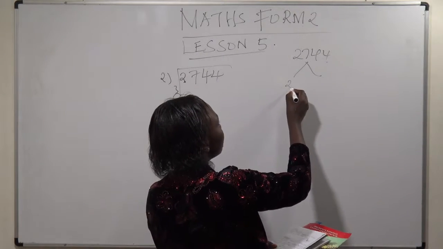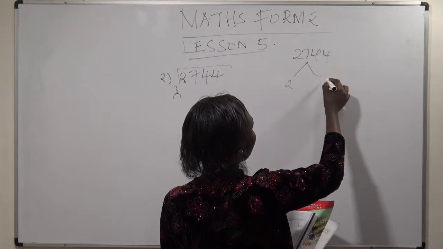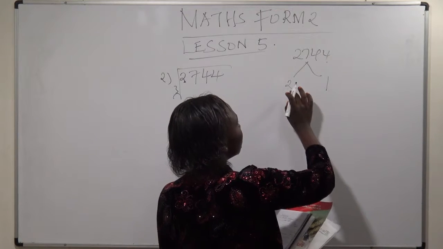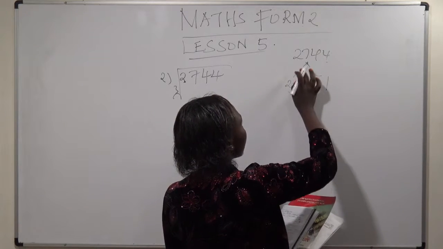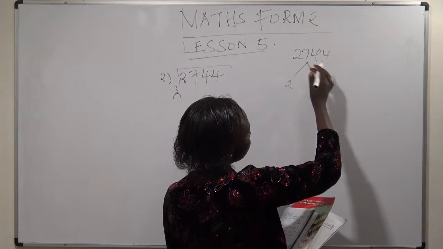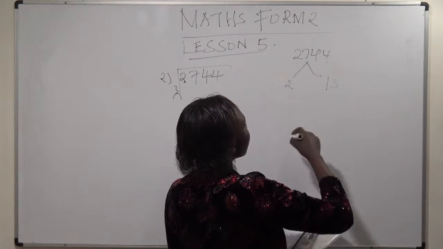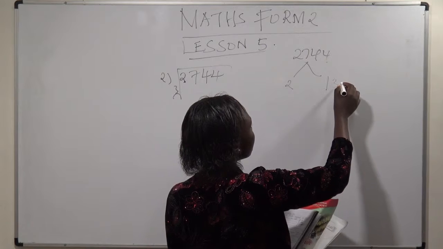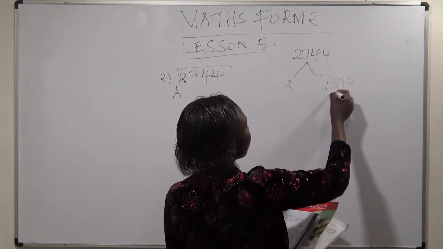So by 2, 2 divided by 2 is 1. Then 7 divided by 2, you find that you can only multiply by 3 to get 6, leaving 1. Then that is 1,372.